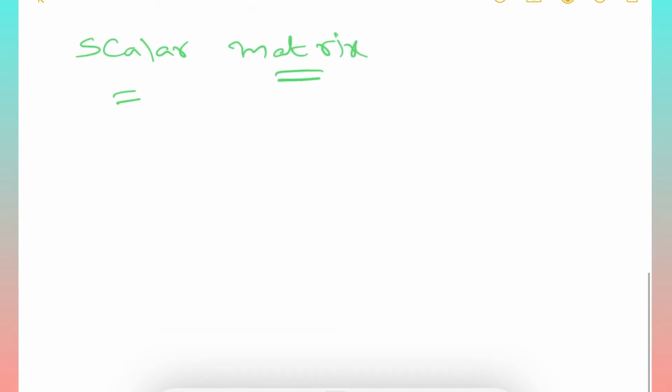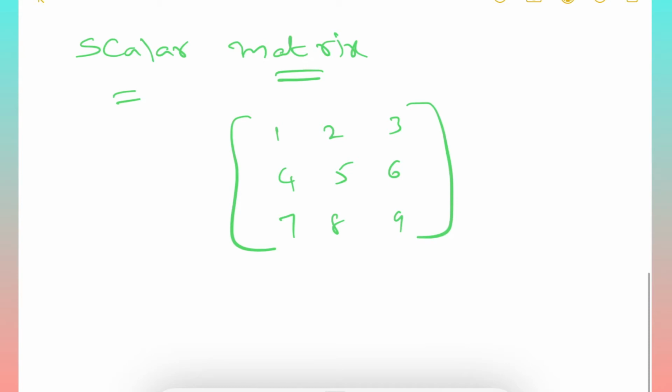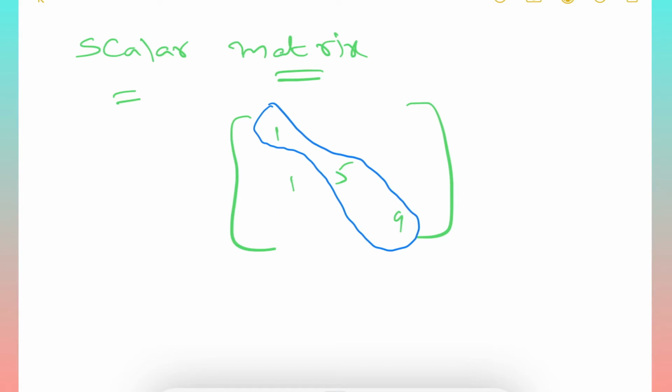So in this scalar matrix, in a square matrix, if the diagonal elements are same and the remaining elements are zeros, remaining all the elements should be zeros only, and the diagonal elements should be compulsory same.